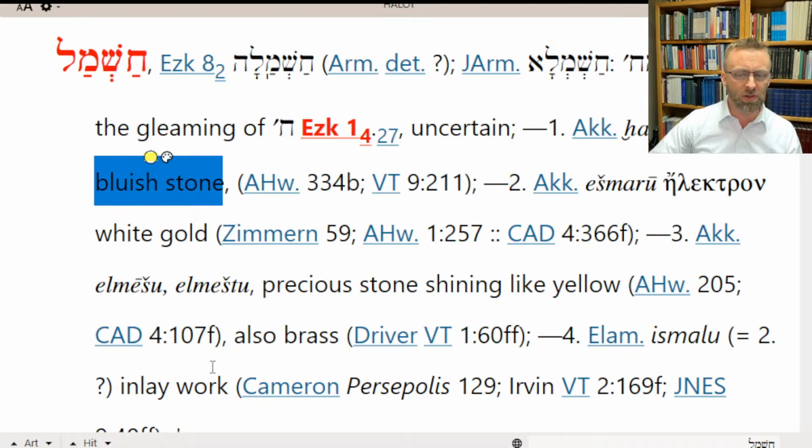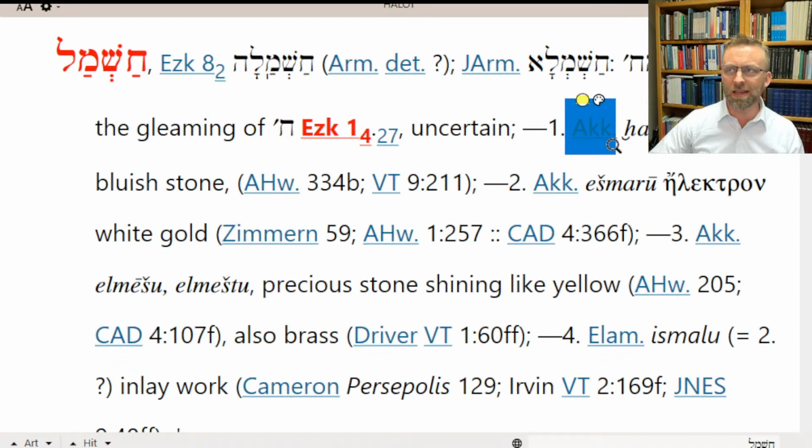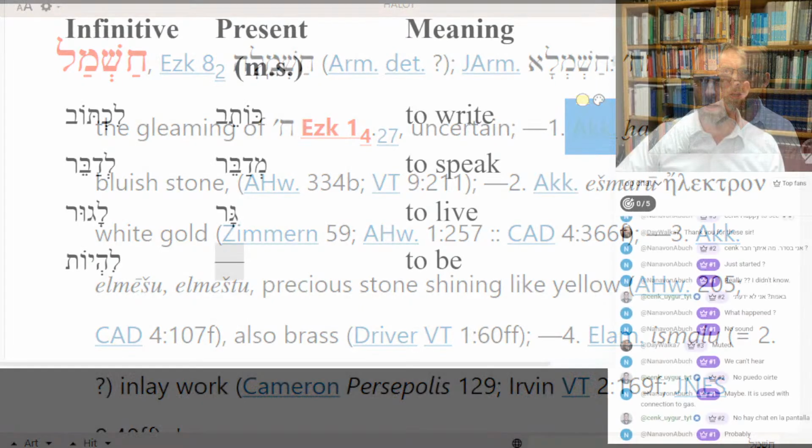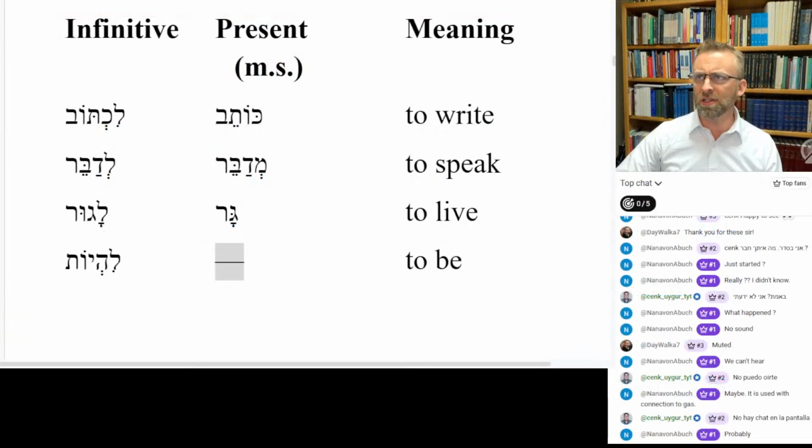So the bottom line is we're not entirely sure what Ezekiel meant, but the best thing to do is to look at the Akkadian evidence, because where is Ezekiel serving as a prophet? It is in Mesopotamia, where, guess what language is spoken? In addition to Aramaic, there is Akkadian. So it makes all the sense in the world that we would look to Akkadian for an explanation of that. Any questions on that?